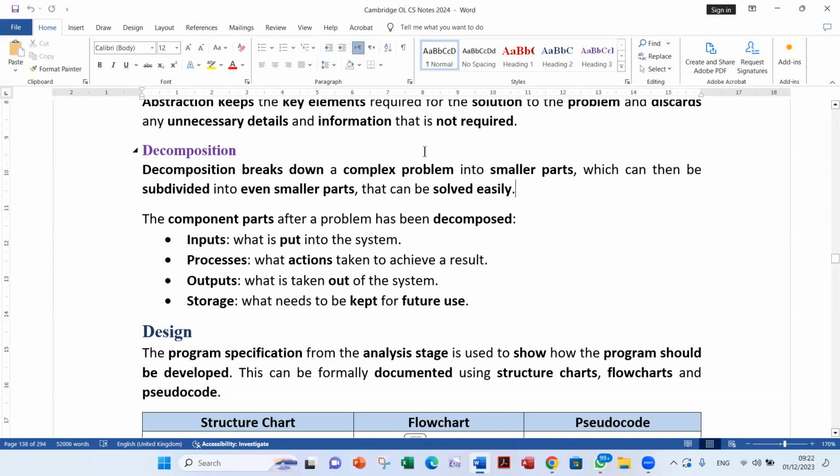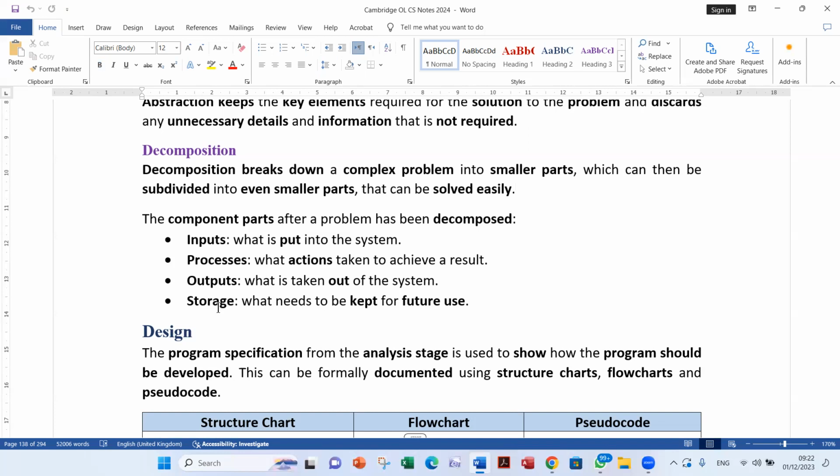After you decompose your program, you find that any program can decompose to the following components. There would be some inputs, there would be some processing, and definitely there should be some outputs, results. And occasionally you may need to store values for future use.